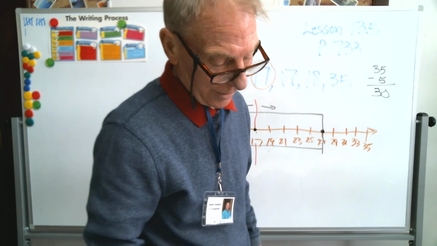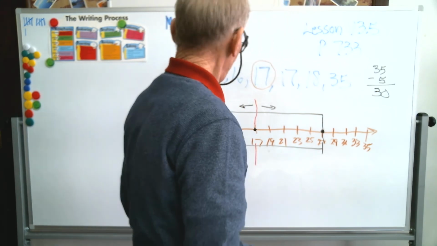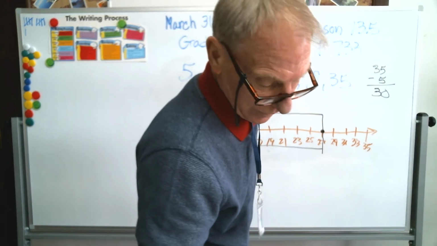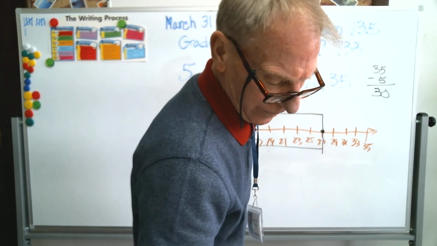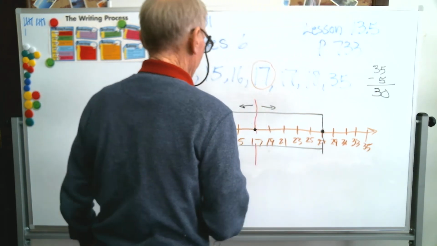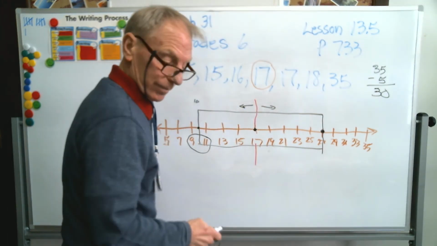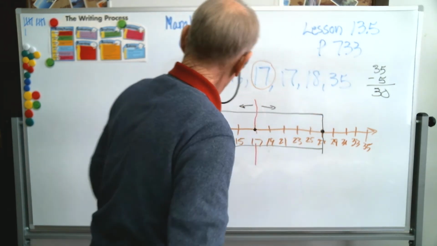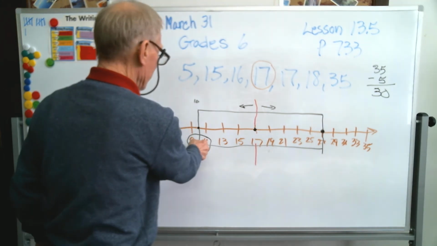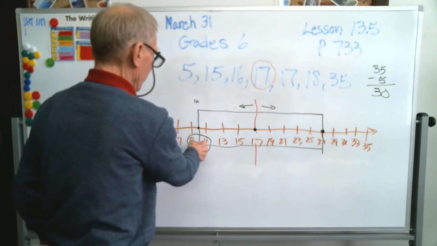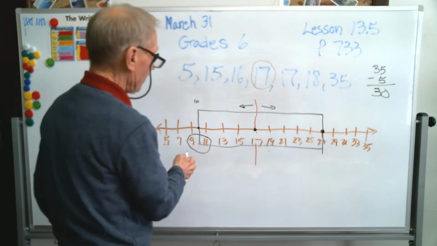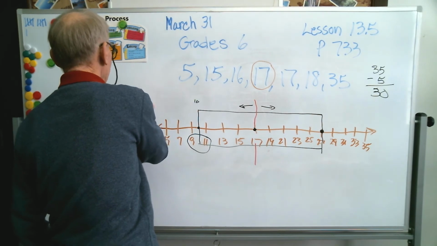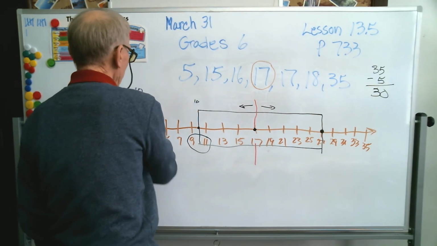So that's our range. Our interquartile range is between 5 and 10. Are you with me? 5 and 10. So it's 10 minus 5. So that's 5.